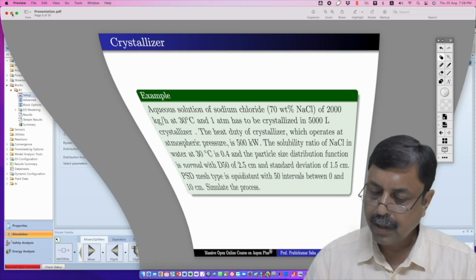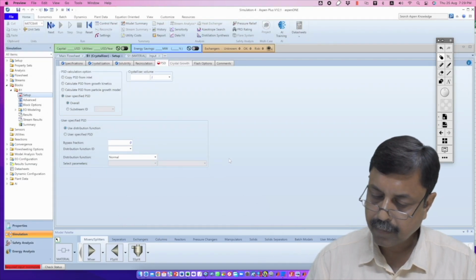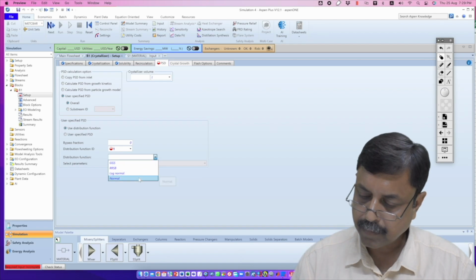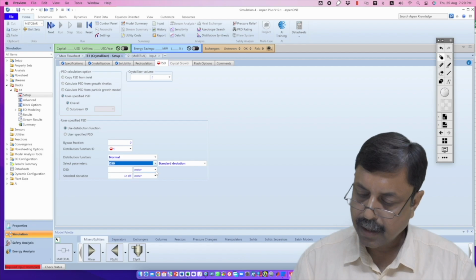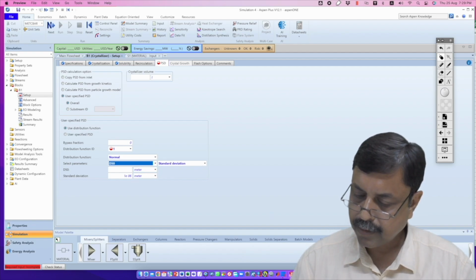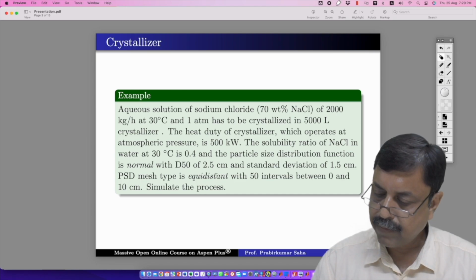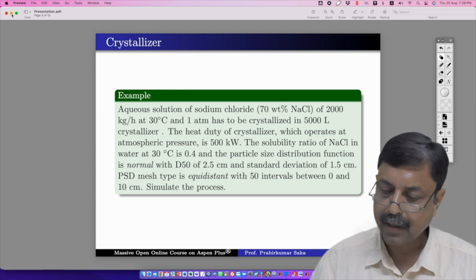So it is D50, the standard deviation is D50 is 2.5 centimeter, standard deviation 1.5 centimeter.